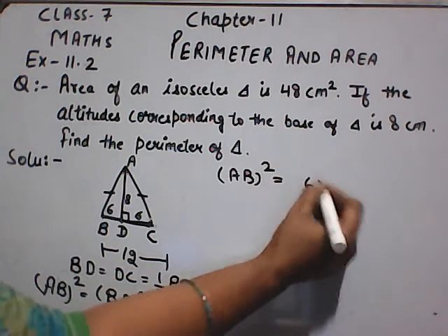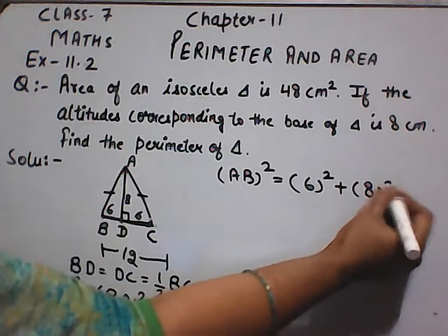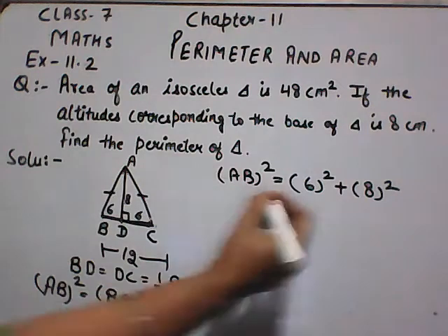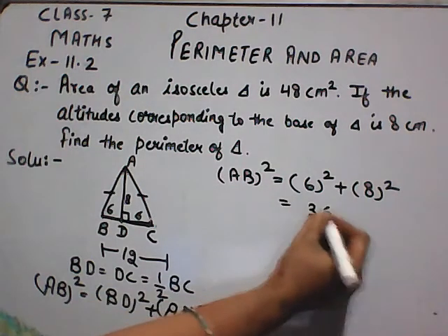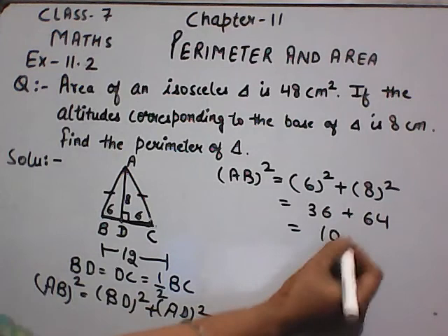Here BD is 6 centimeter and AD is 8 centimeter. So hypotenuse square is equal to base square plus perpendicular square. 6 square is 36. 8 square is 64. 36 plus 64 is 100.